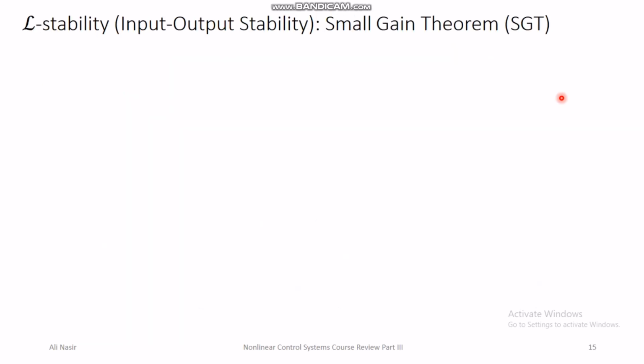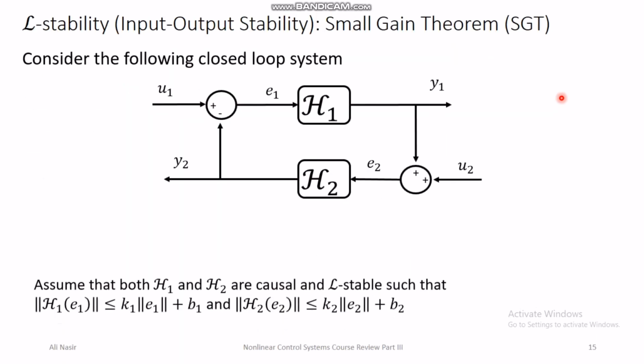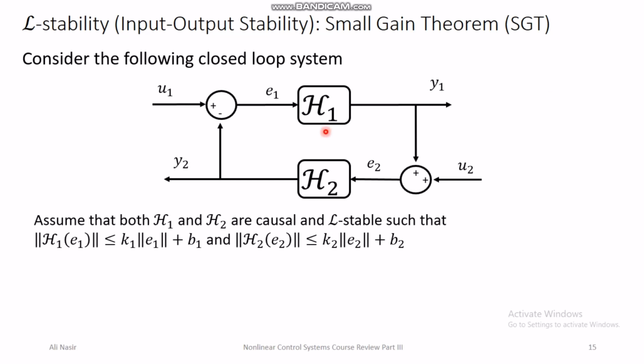Then we looked at the small gain theorem, which deals with the feedback combination of 2 input-output stable systems. Here the stability type is input-output stability, which requires that the magnitude of the output should be finite for every input that has finite magnitude, and it is defined with the help of a gain between input and output magnitudes.